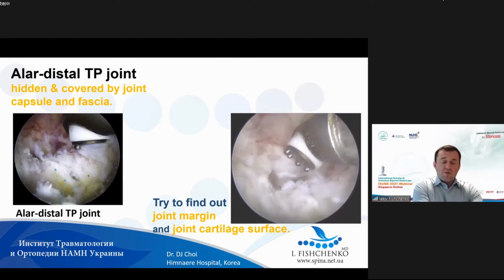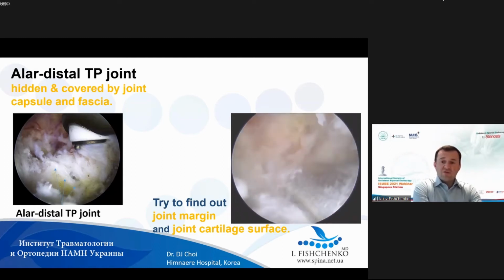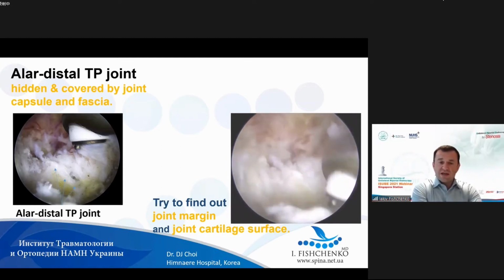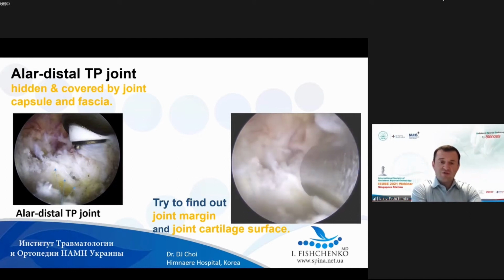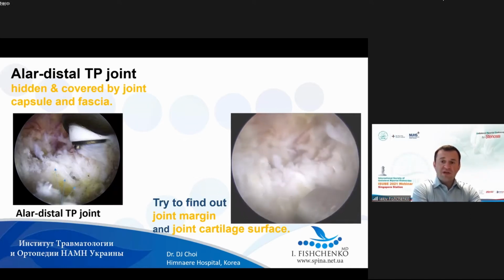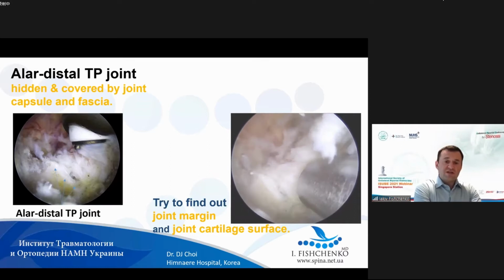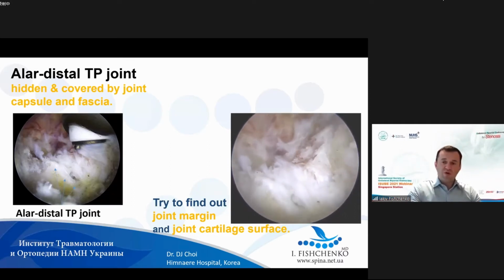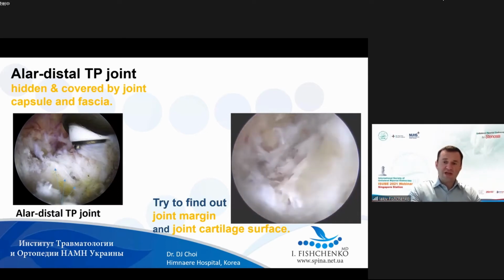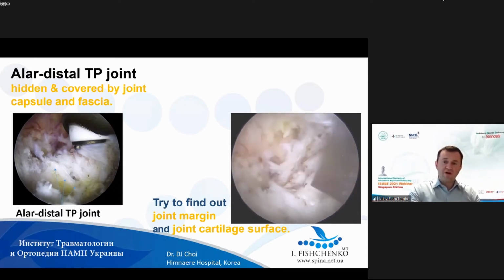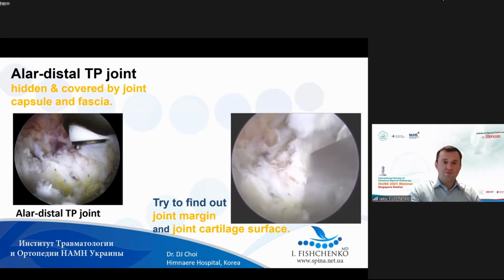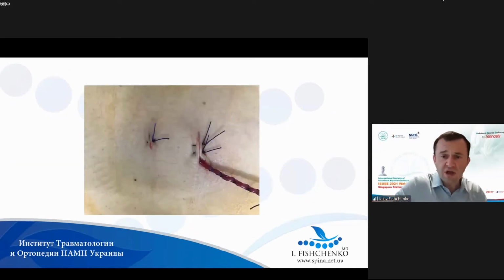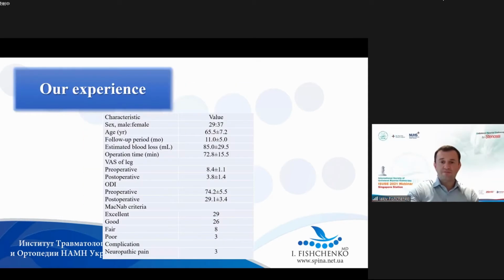So what we have to do is find the capsule of the joint surfaces, and with the chisels we should remove all the compressing structures from the L5 nerve root. After the surgery, we should drain the wound.